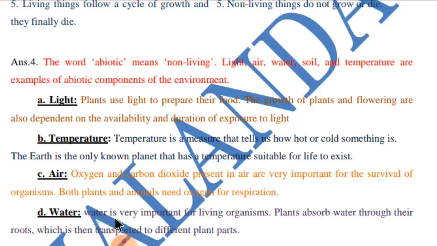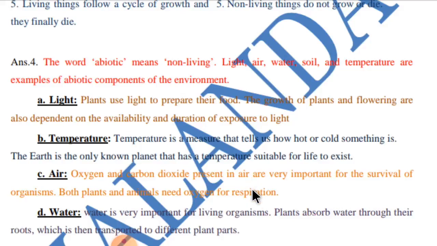Water is very important for living organisms. Plants absorb water through their roots, which is then transported to different parts of the plant. So this is the answer on abiotic components of the environment.